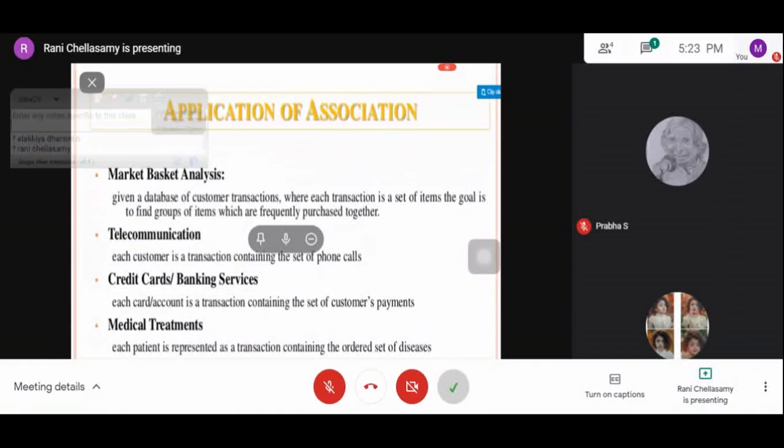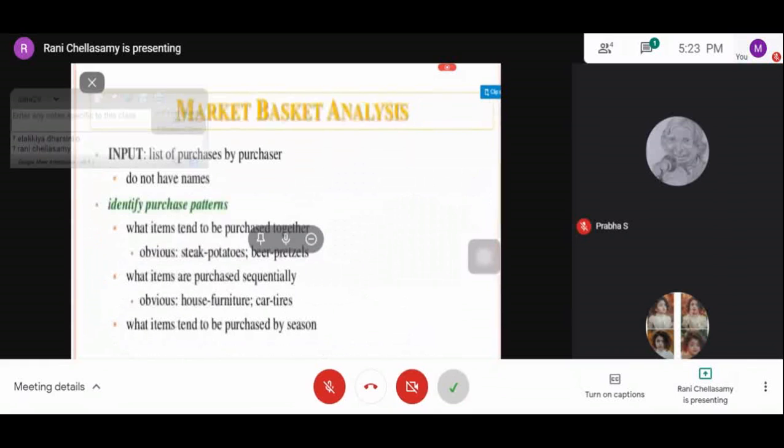Okay. So what is meant by market basket analysis? The input for market basket analysis will be a list of purchases by the customer. The main objective is to identify the purchase patterns: how the customer is going to buy products in a shopping mall, and what items tend to be purchased together.